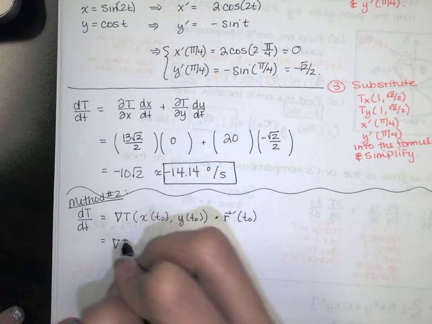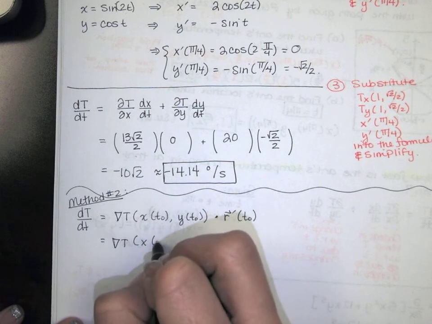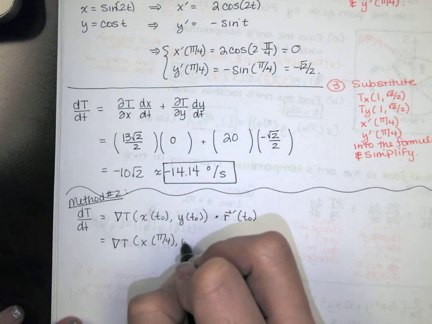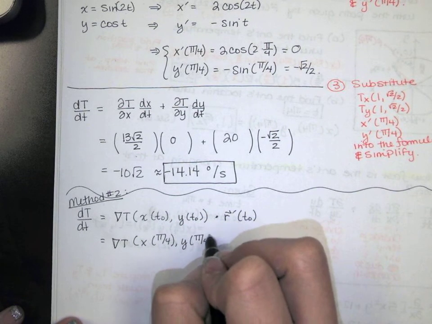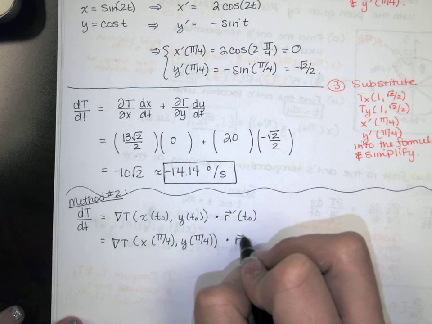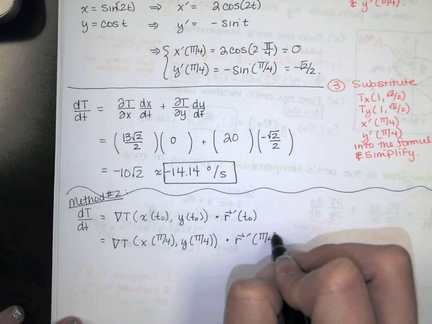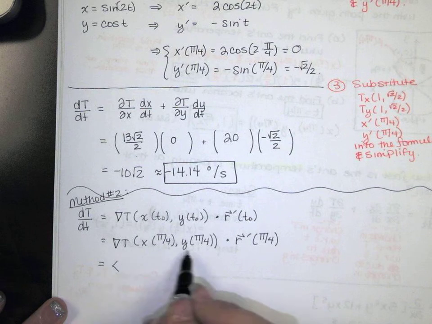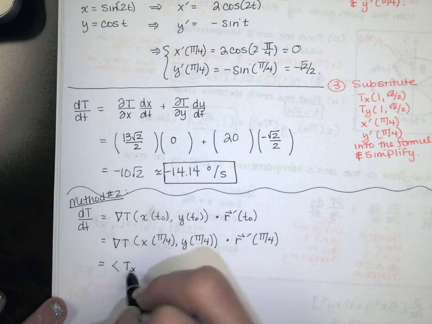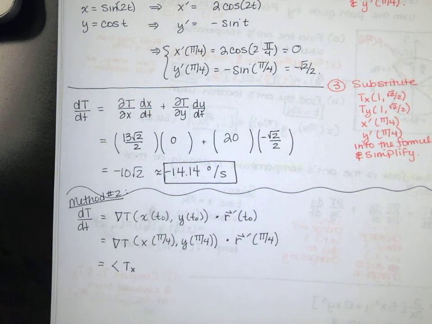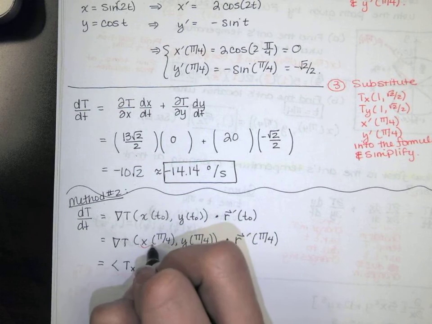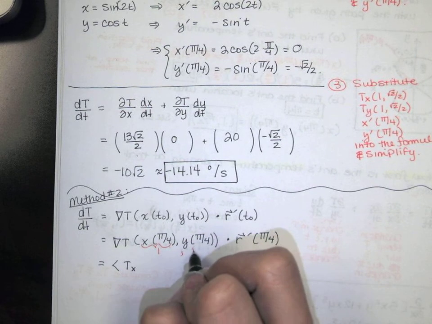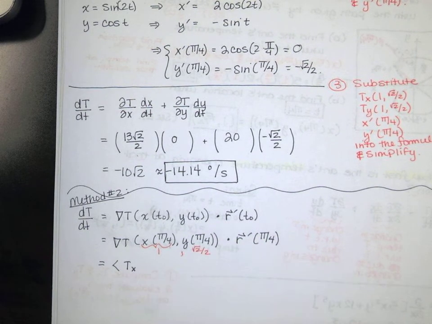Well, x of t naught and y of t naught, that's x at t equals pi over 4 and y at t equals pi over 4. And this is r prime at pi over 4. Well, this is just the vector. It's T evaluated at that location, and that location we calculated earlier was 1, square root of 2 over 2.